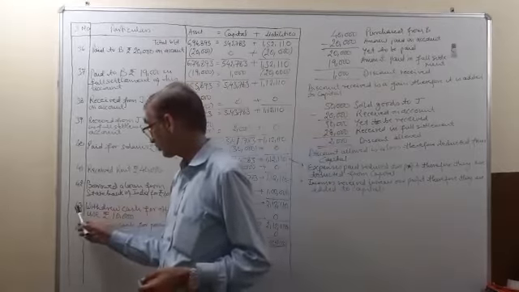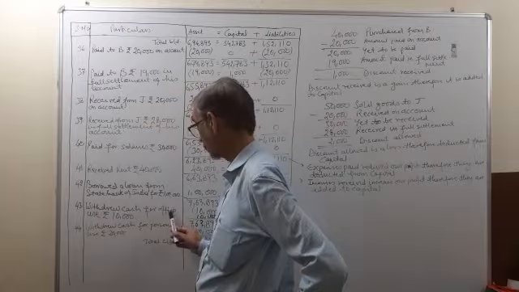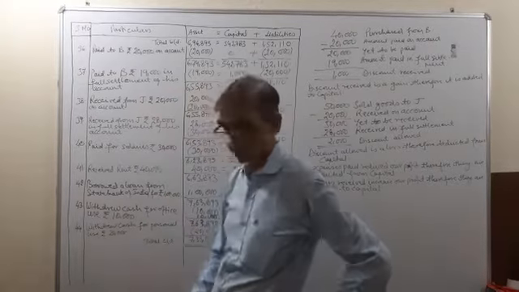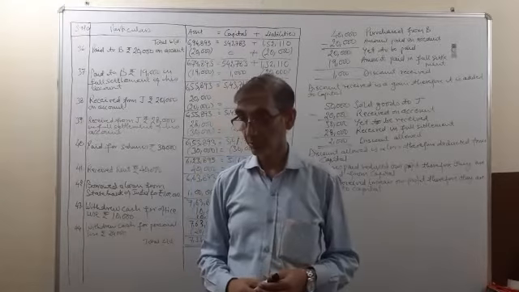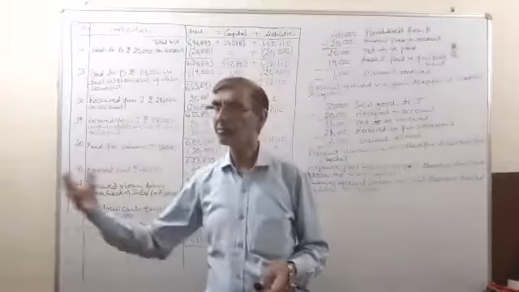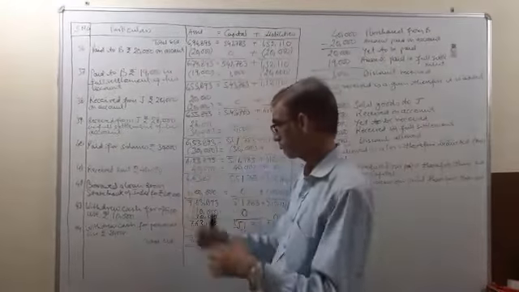Now the 43rd transaction, withdrew cash for office use, rupees 10,000. We have withdrawn cash for office use from the bank or from the office itself and used it for some purpose.